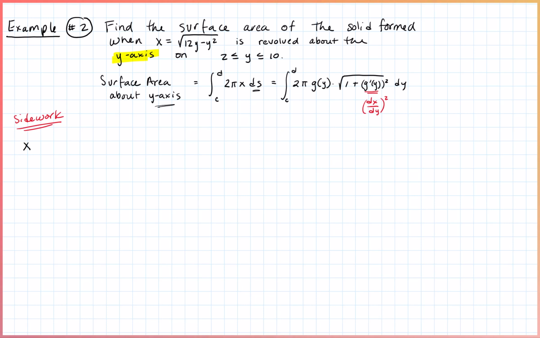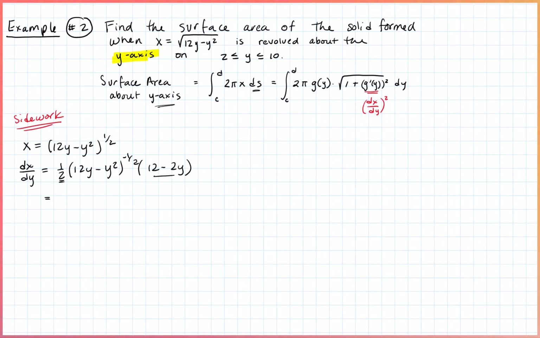So we've got x equals the square root, I'm going to write that as 12y minus y squared to the 1/2 since I need to take the derivative. So then dx dy is going to be 1/2 times 12y minus y squared to the minus 1/2 times 12 minus 2y. And then here, I'm going to continue to simplify this.